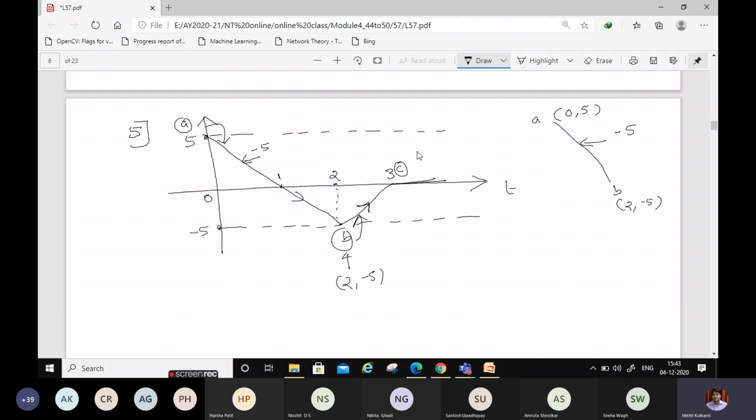This one is 3 and 0. This is the ending point. Start from here. 0 minus 5, that will be plus 5, divided by 3 minus 2 is 1. So the slope is plus 5, positive. And this slope will be 0.